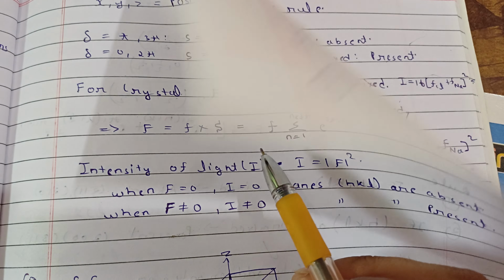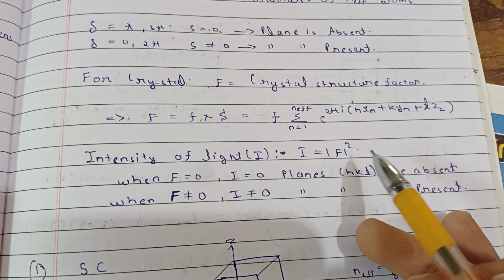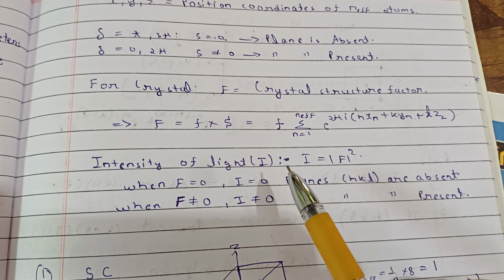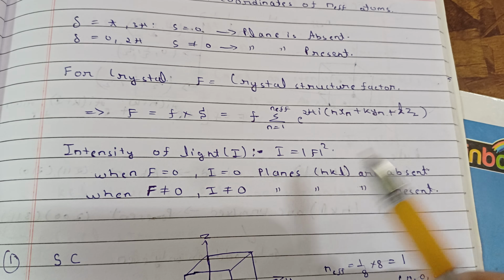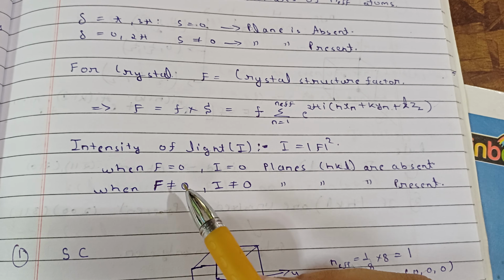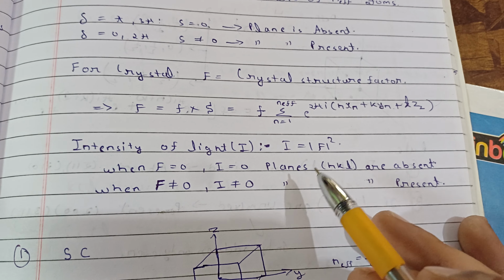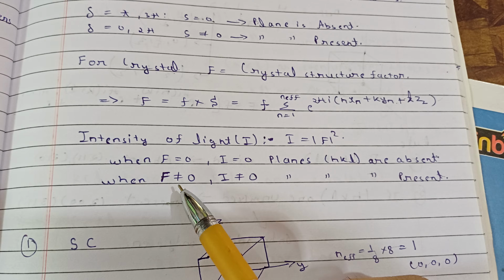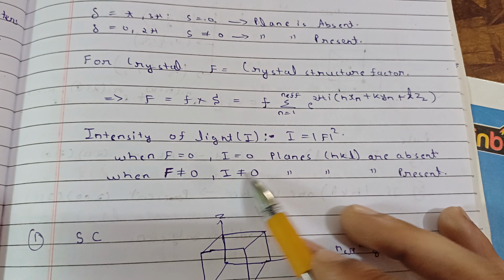Intensity is nothing but the square of this F. Intensity of light will be F square. When capital F equals 0, then intensity will be 0. Then we will say that the planes are absent, those HKL planes I was talking about. When F is not equal to 0, then I is not equal to 0, intensity won't be equal to 0. So planes are present. Because we are having some light, that's why we say the plane is present, because intensity is non-zero.